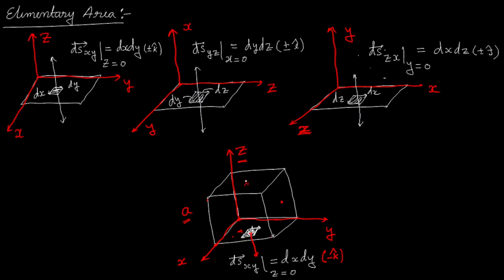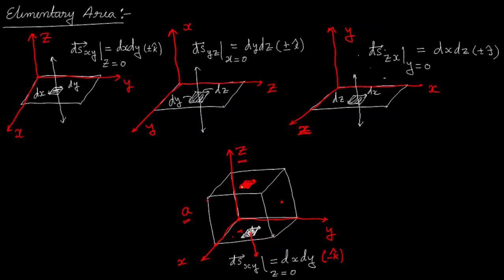For that, we have to draw an elementary length along the y-axis, parallel to the y-axis, and then an elementary length along the x-axis, and with the help of these two lengths we can draw an elementary area vector like this.